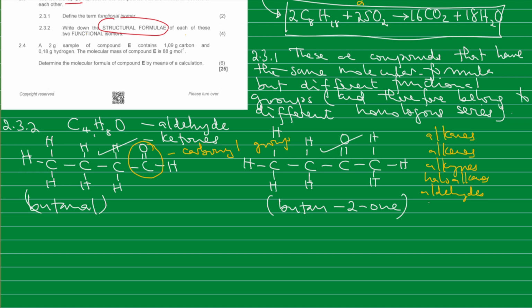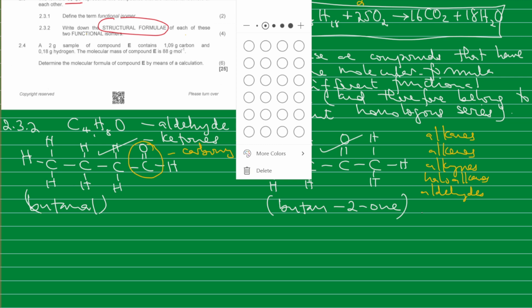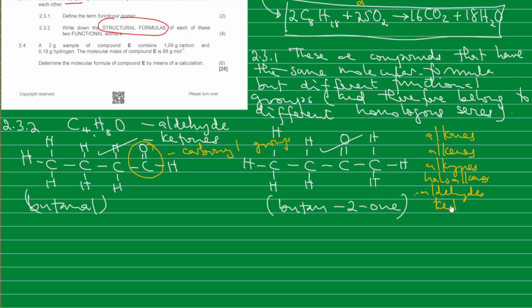We've got aldehydes, we've got ketones, we have got carboxylic acids, we have got esters. Now, these last two, the carboxylic acids and esters, are functional isomers of each other.